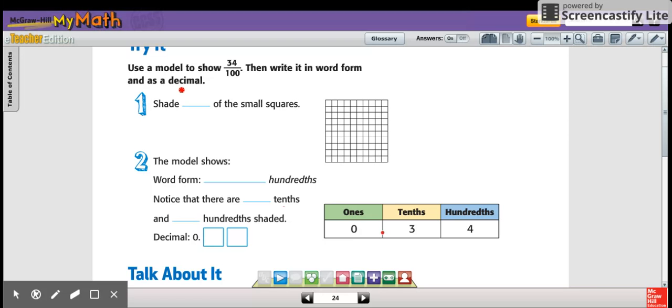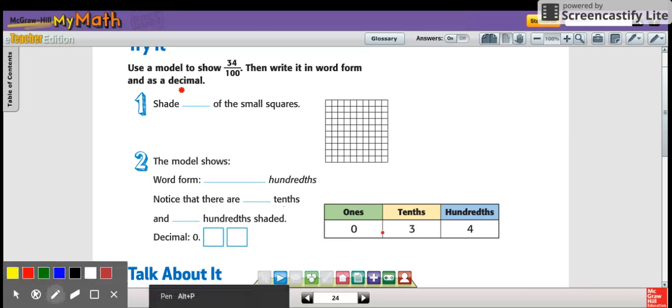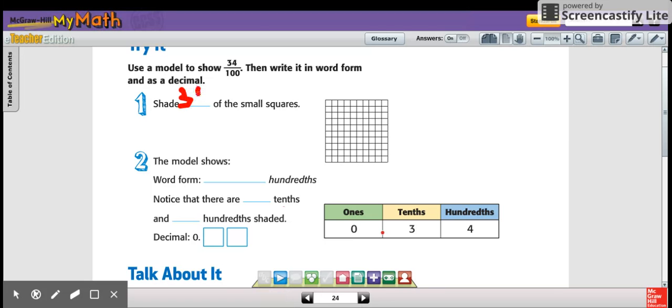We're going to shade in 34 squares. Each row is 10 squares, so instead of counting each one, if we do this whole row, that's 10 squares. Do this whole row, that's 20 squares. This whole row, that's 30 squares. And we have 4 more: 1, 2, 3, and 4.